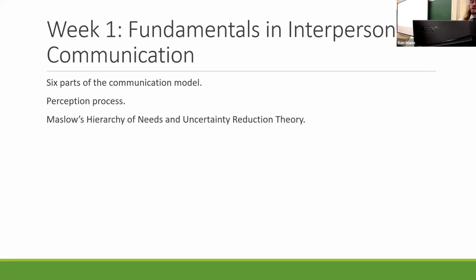So the first week was when we really started to look at interpersonal communication. And I'm going to be highlighting some of the big things that you should know from that week. It's not exhaustive, but it does cover the key ideas here. One of the big things we talked about at the very beginning of the term was the 6-part communication model, right?